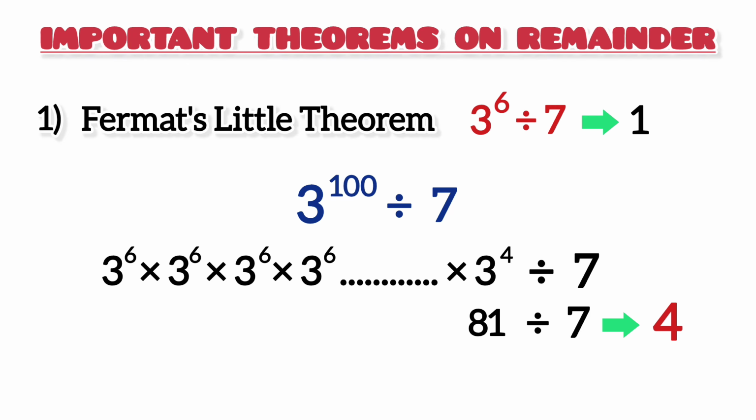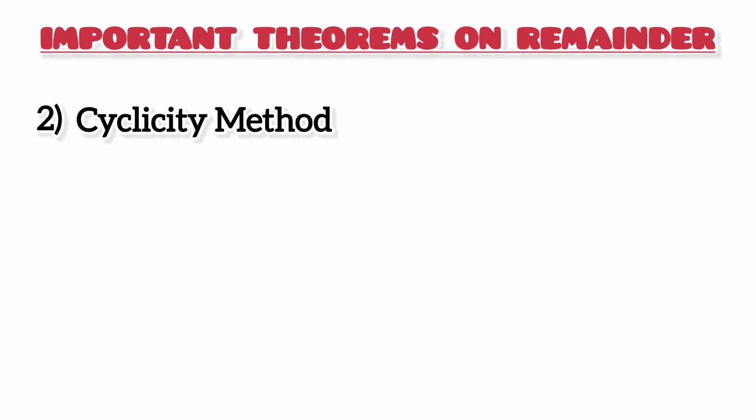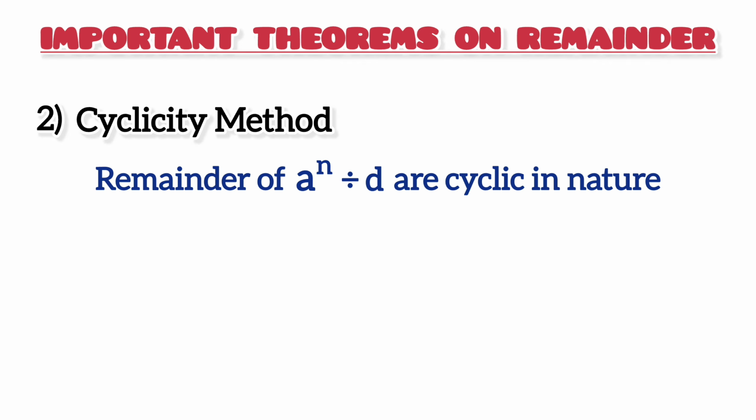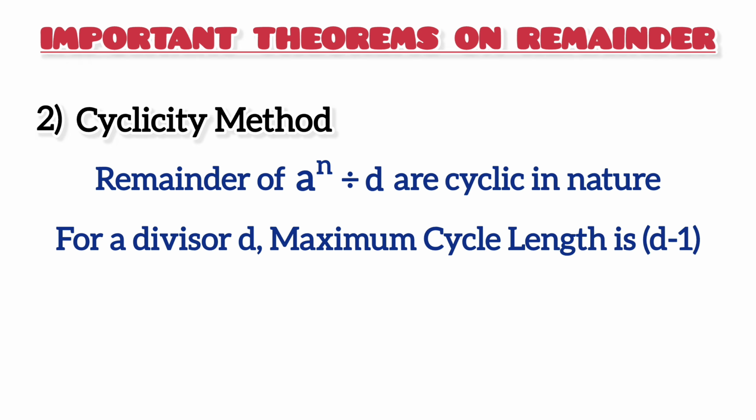And the last property is the cyclicity method. It works even faster than Fermat's theorem. So the remainders of a raised to the power n when divided by d are cyclic in nature. For a divisor d, the maximum cycle length is d minus 1. Let's understand what this means.